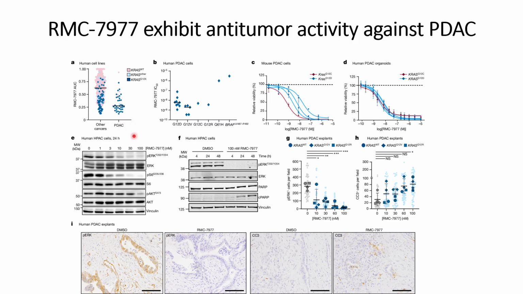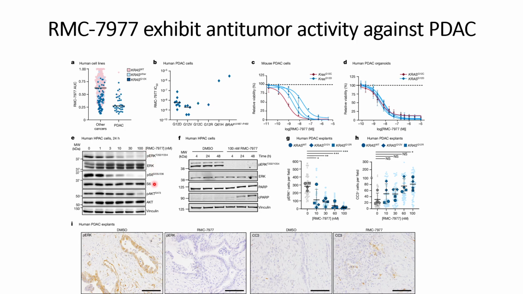When they checked the HPAC cells at different concentrations of RMC-7977, they found a decrease in the phosphorylated ERK pathway, phosphorylated S6, and phosphorylated AKT pathway, which are the survival pathways. There is a decrease in the survival pathways, indicating that the survival capability of the cells goes down with increasing RMC concentrations.